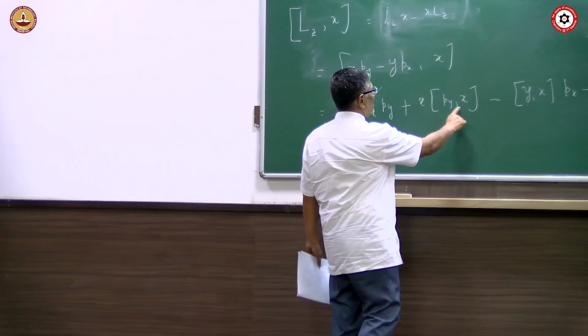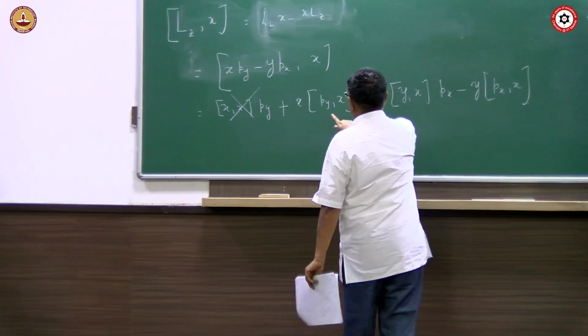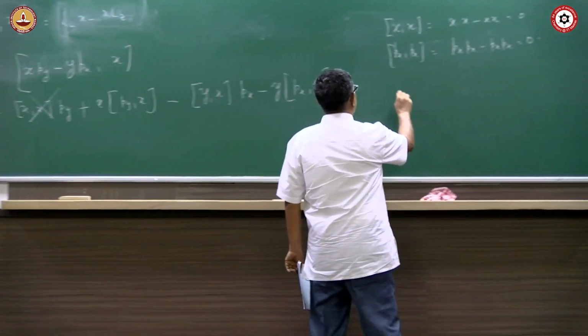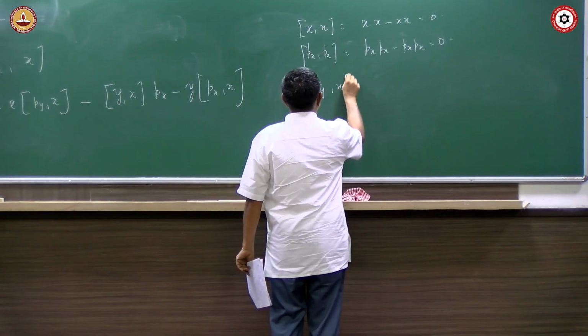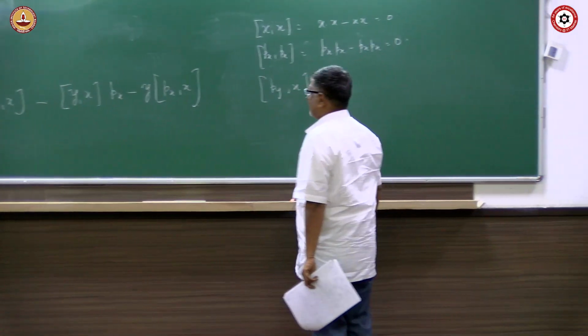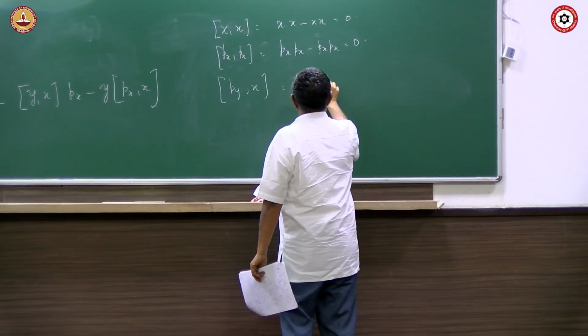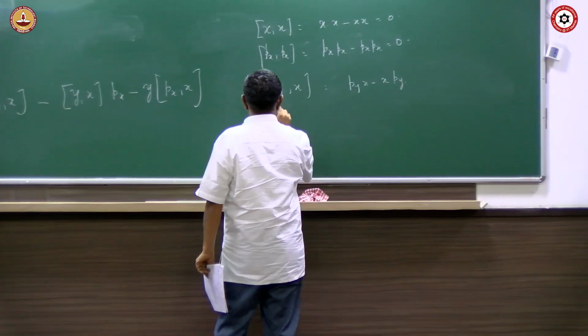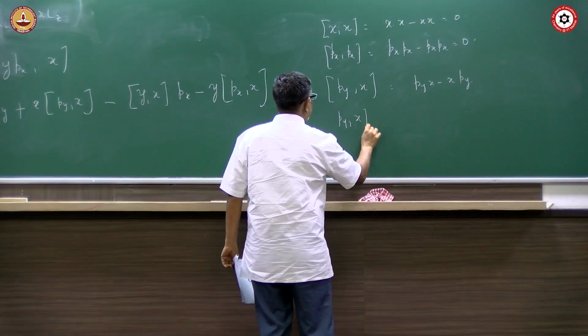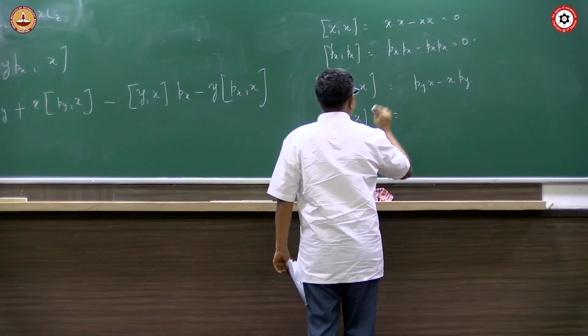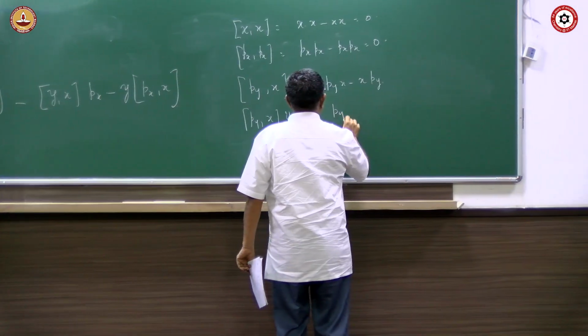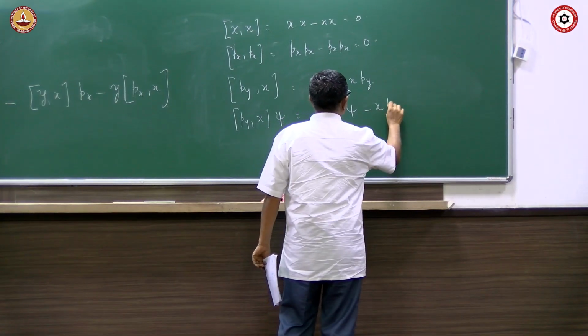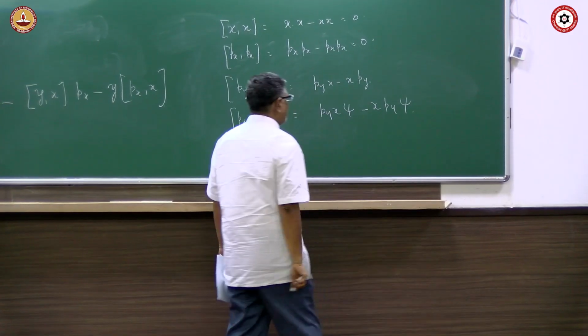What is this? Look at this. Let's evaluate this commutator, Py comma x. So this is Py x minus x Py. Now I operate on psi, some function: Py x psi minus x Py psi.